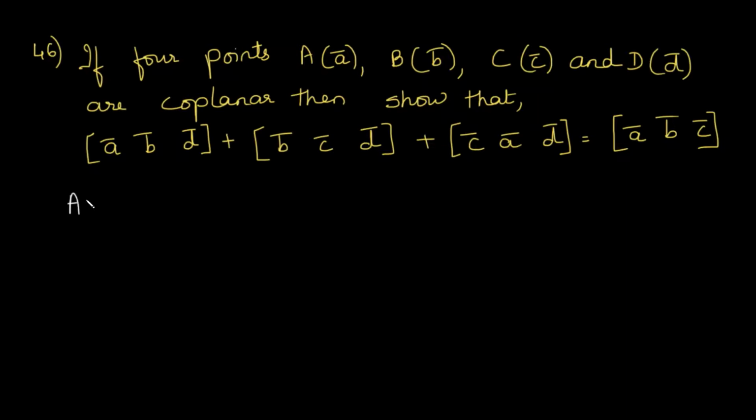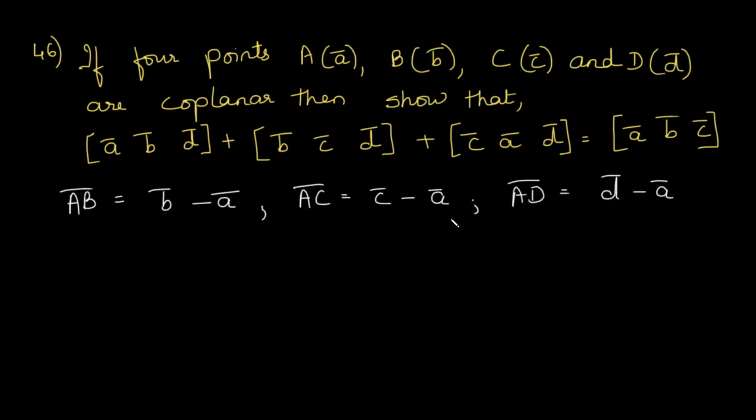So, we have AB bar is equal to B minus A, vector B minus vector A. Similarly, AC bar, we need AC bar for proving whatever they asked us. So, AC bar is equal to C minus A, and AD bar is equal to D minus A. So this we already know. Also they have given us that A, B, C and D are coplanar.